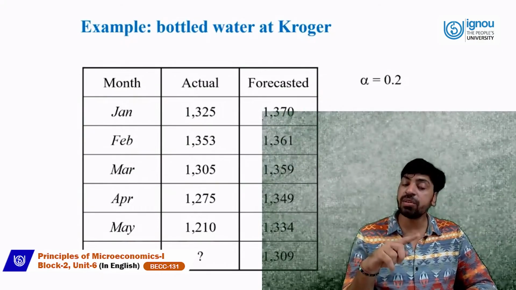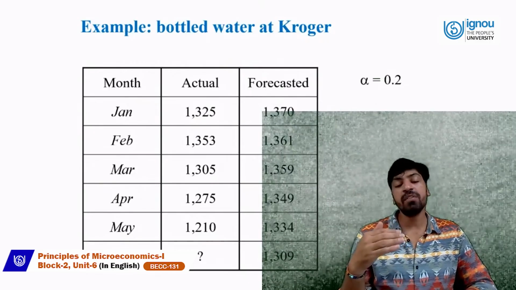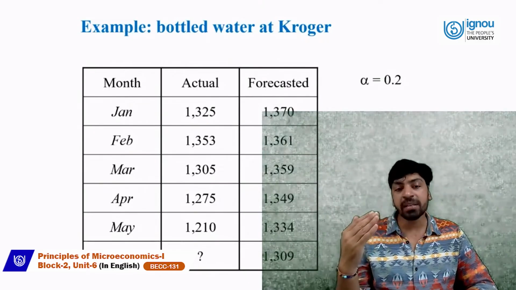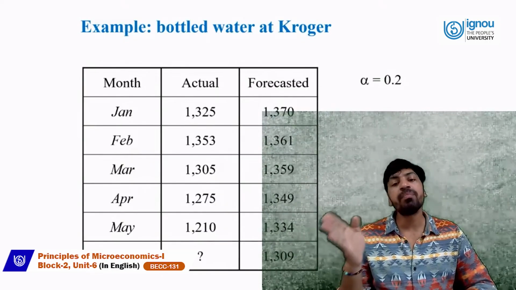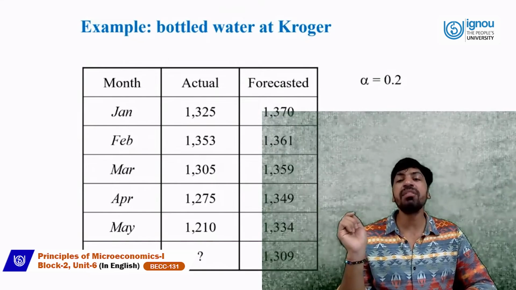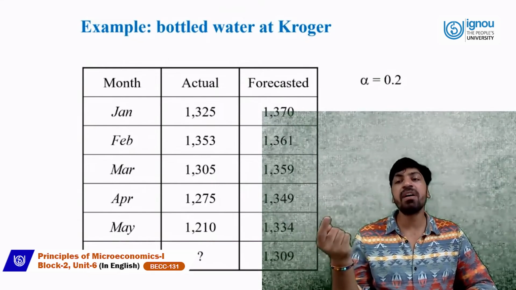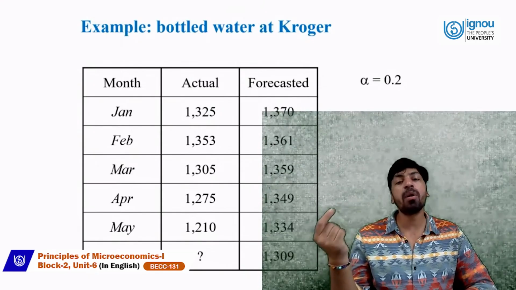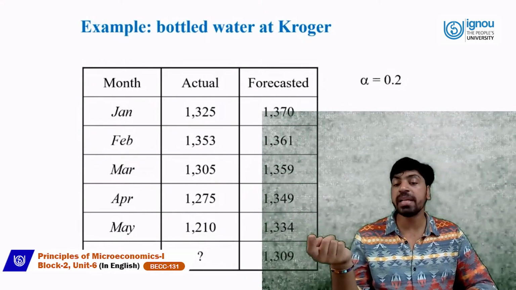Now you need to calculate the forecasted value of the May month. Obviously, you need to subtract the actual and forecasted value of the April month. That is 1275 minus 1349, times 0.2, the alpha value, which follows the formula as well.